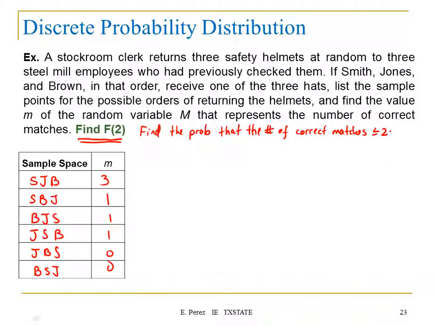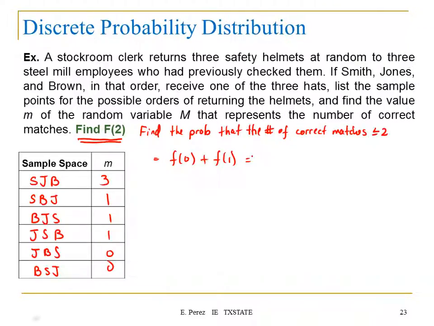Okay, so any ideas how to get that probability? You know that you need to find f of 0 plus f of 1. What is f of 0?